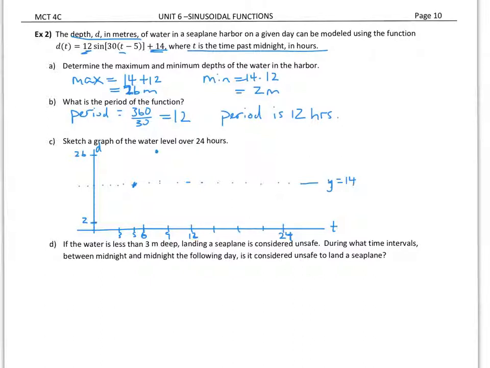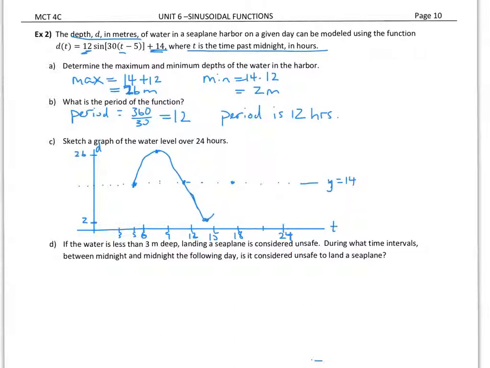My axis of the curve would be back at 11. 12, 13, 14, 15. So at 14, I should be down at the minimum, and then back on the axis of the curve at 17. So that would give me 1 full cycle of the depth based on that equation.